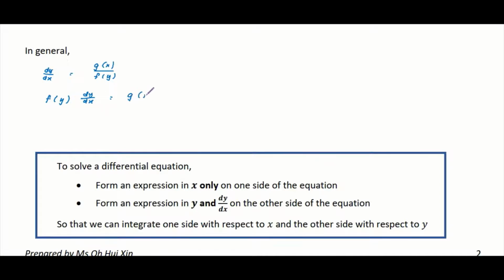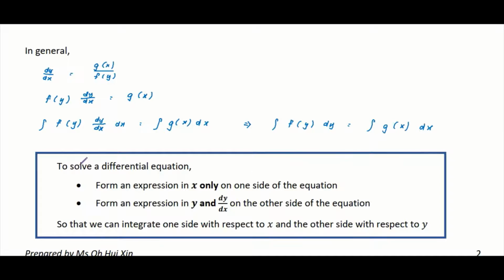Okay, so after I have arranged it, then I will start to do my integration, both sides with respect to x. Okay, and after doing this, it will give me integrate f of y with respect to y equal to integrate g of x with respect to x.